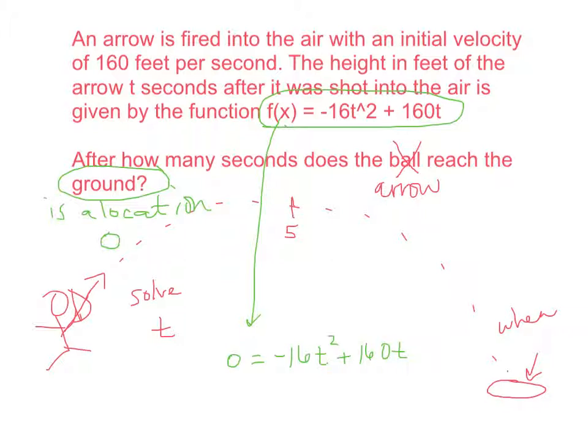So on that last problem, they didn't give us either thing. They didn't give us the height or the time. We had to find them both. This time they gave us that the height is 0. And it says f of x stands for the height. So they gave us 0 equals this, we're solving this for t. This is an Algebra 1 problem that you've forgotten how to do, maybe.